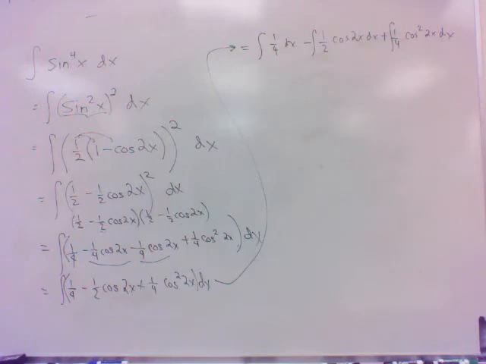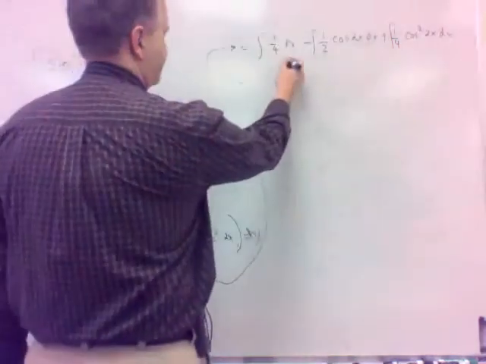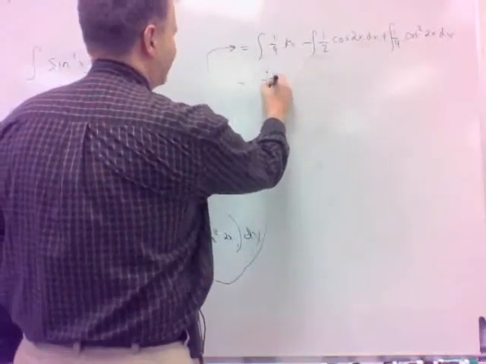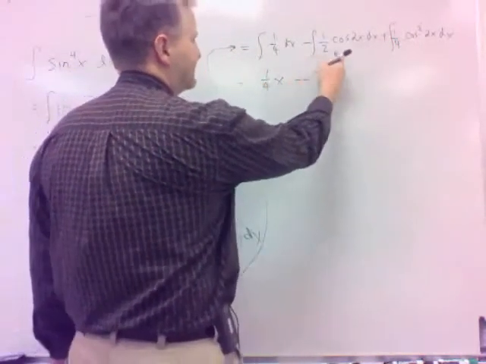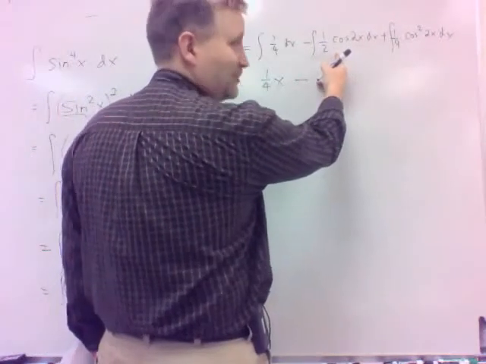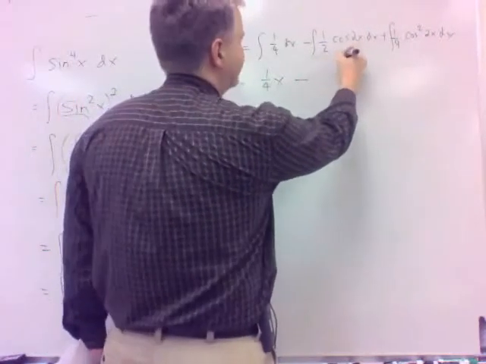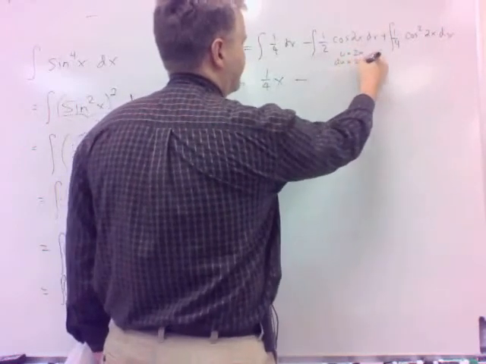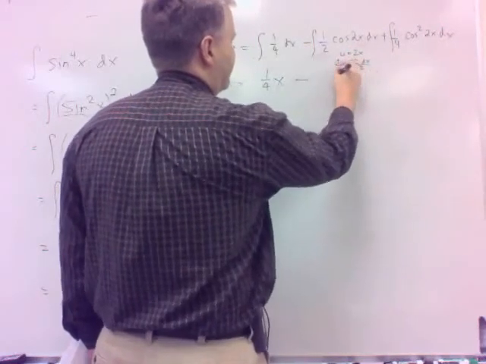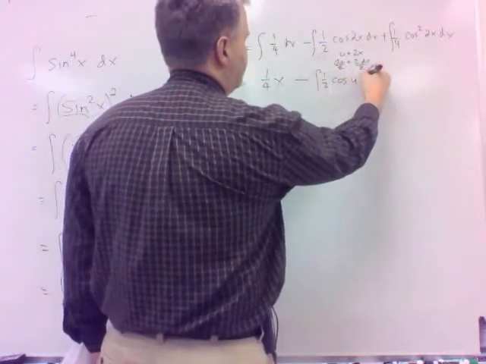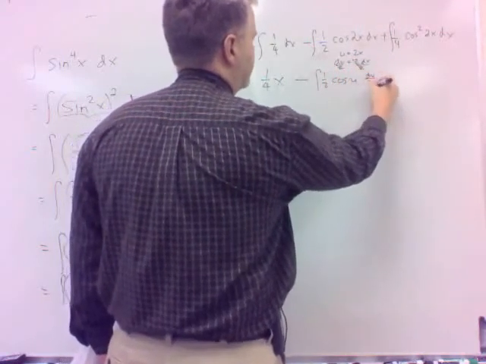We've seen them before. This one, well, if you can't do that one, you shouldn't be in Calc 2, right? That's 1/4 x. Minus, and if you can't do that one, you shouldn't be in Calc 2 either. That one's u equals 2x. U substitution. So I get the integral of 1/2 cosine of u du over 2. With me?